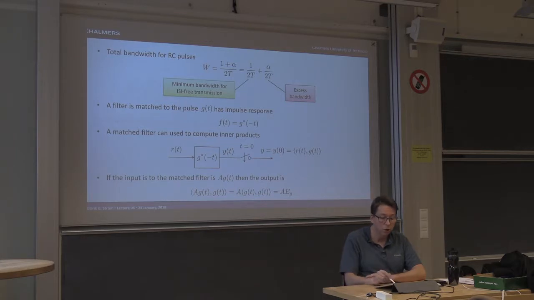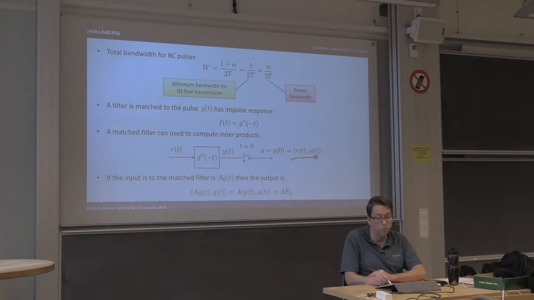And that, one can show, is the inner product between the input R and the pulse to which this filter is matched. Again, it's not the inner product of the input and the impulse response, but rather the pulse to which the impulse response is matched. And this is a very useful formula later on.